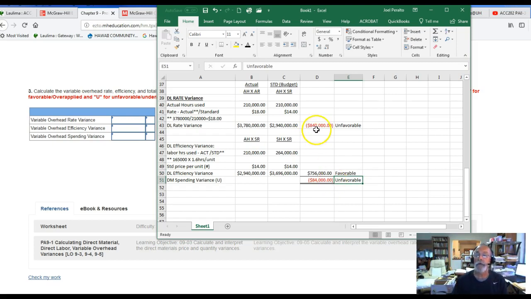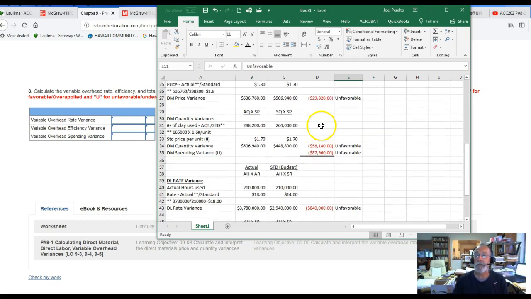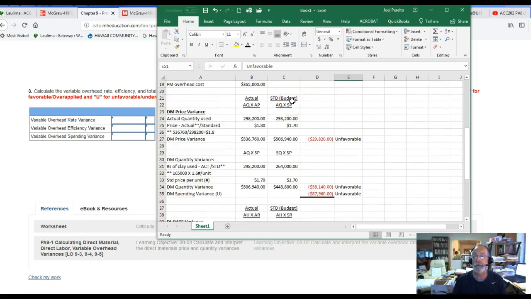Now, I'm showing that these amounts are negative because I'm starting out with standard and subtracting actual.